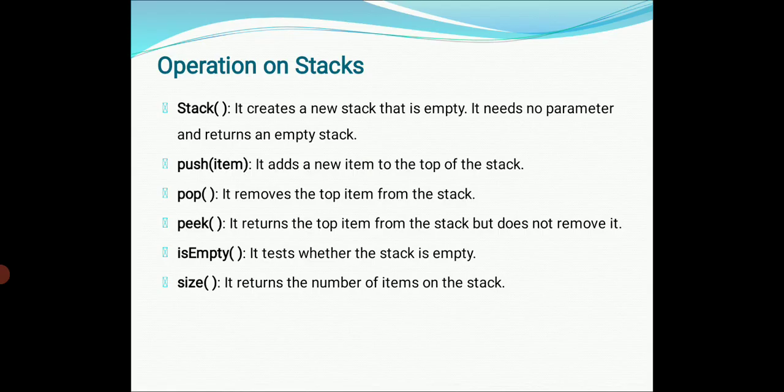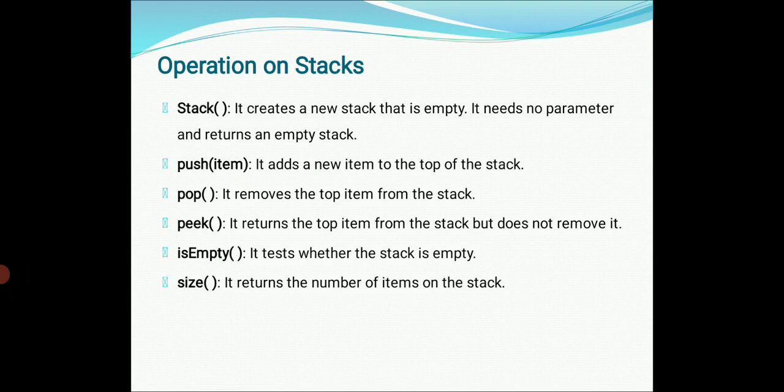In the last class, we discussed the concept of what a data structure is and the classification of data structures. A data structure is a way of organizing and storing data in a computer system.